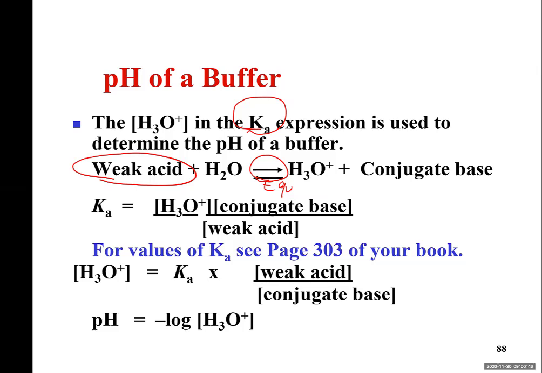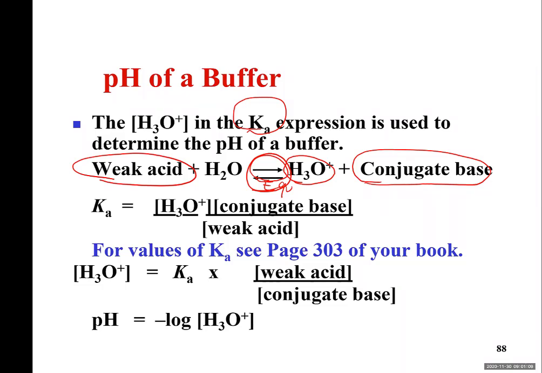Weak acids are partially ionized, partially dissociated in water. What does that mean? That means the weak acid ionizes in water, it produces hydronium ion and its conjugate base, but partially, not 100%.